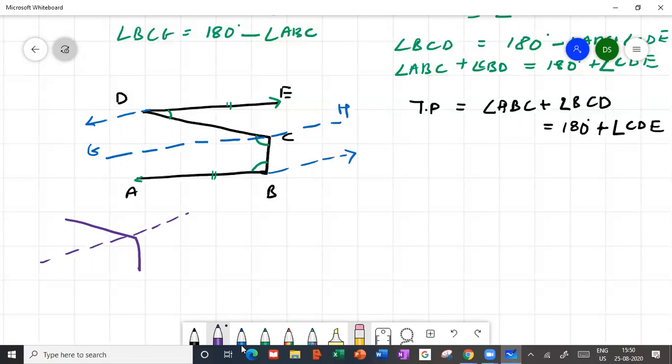Now all they have done is proved that this angle is equal to this angle, alternate interior. Now you can see it. And what else have they proved? They proved that this angle and this angle will be co-interior, isn't it? Are you following?